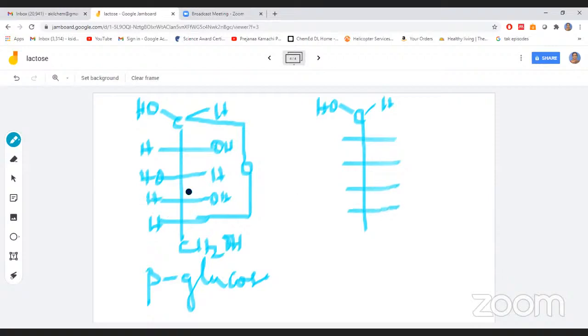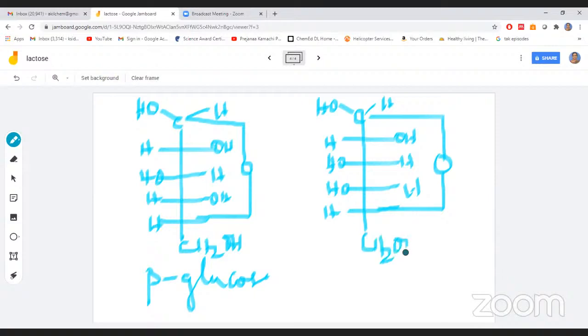This is first, second, third and fourth. Only at the fourth carbon does the position change, everything else is the same. So once again HOH, H and OH, CH2OH. So we have written the beta galactose form.